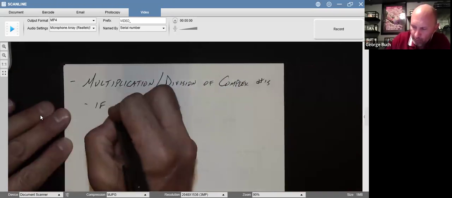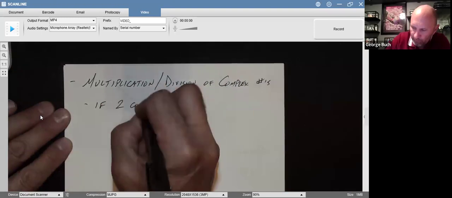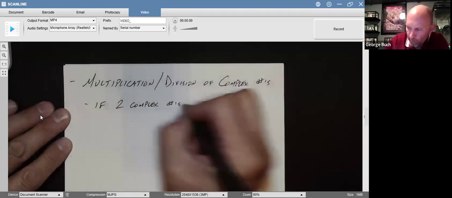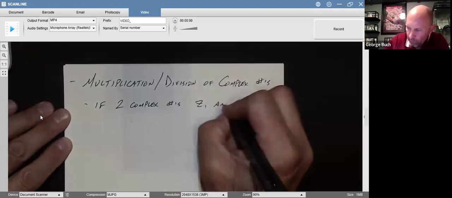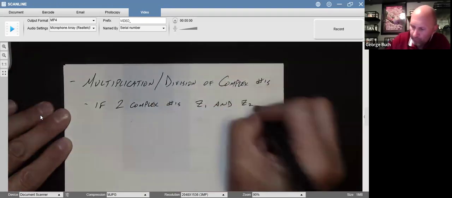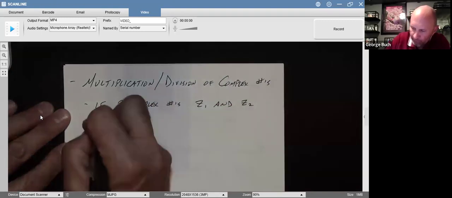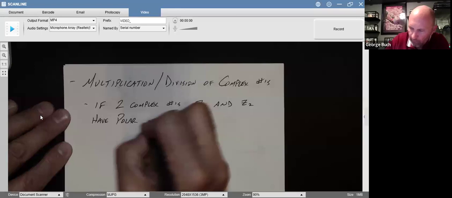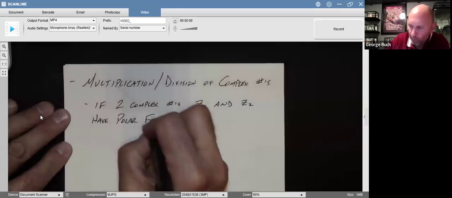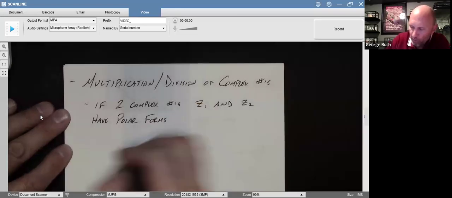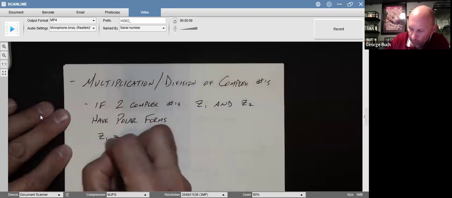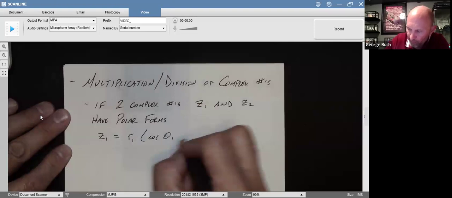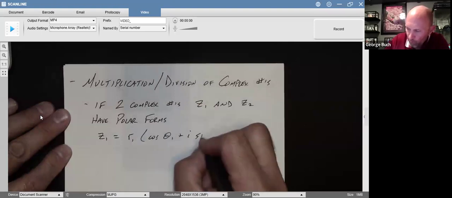If two complex numbers, z1 and z2, have polar form, I guess technically polar forms, where z1 is equal to r1 cosine of theta 1 plus i sine theta 1.